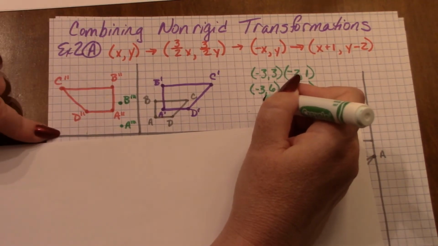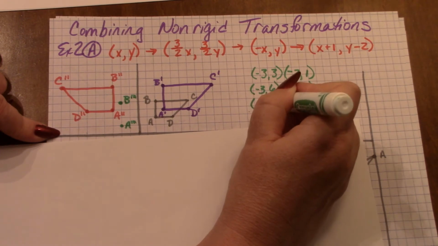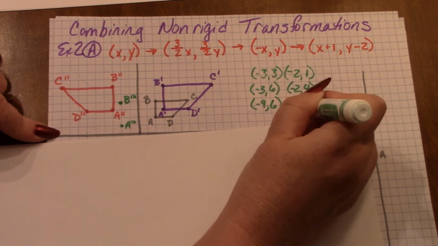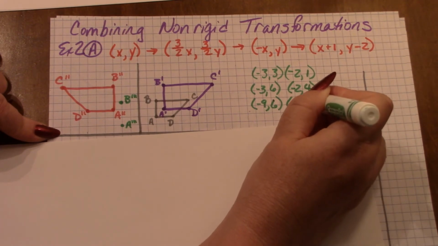C is negative 9, 6, and we're going to go to negative 8, 4.